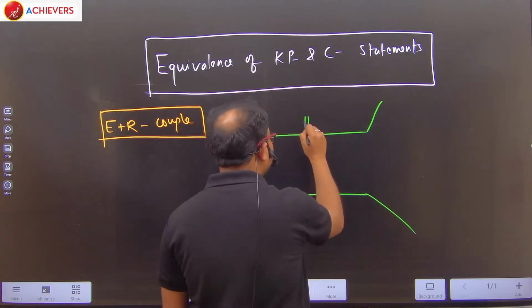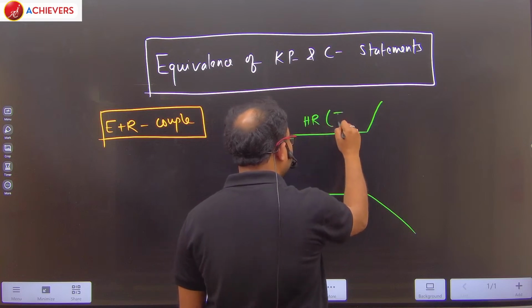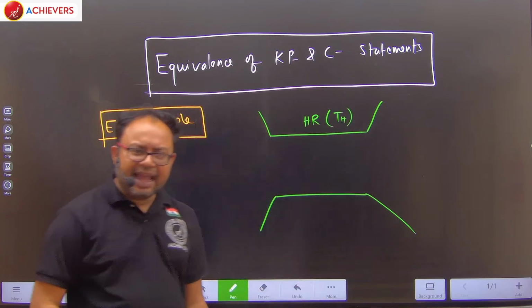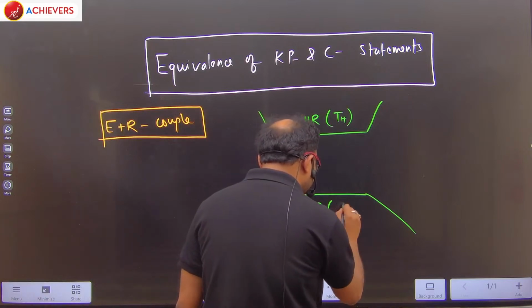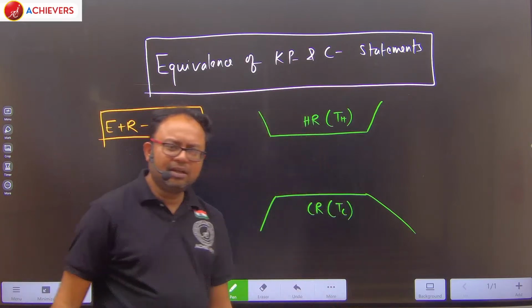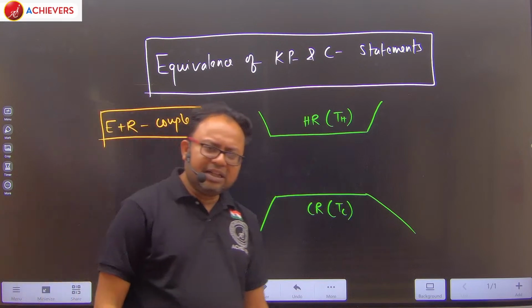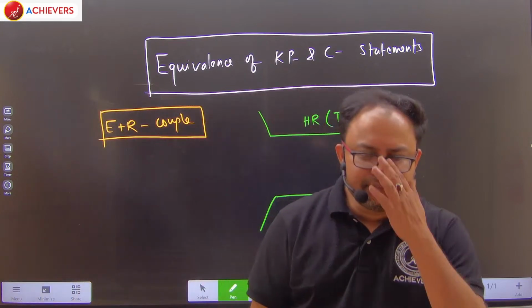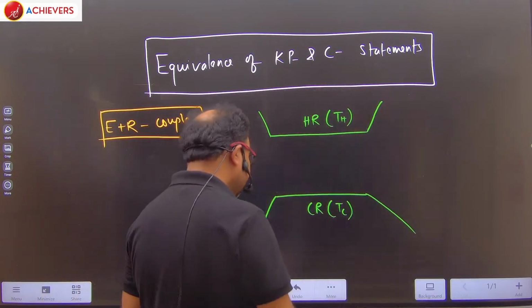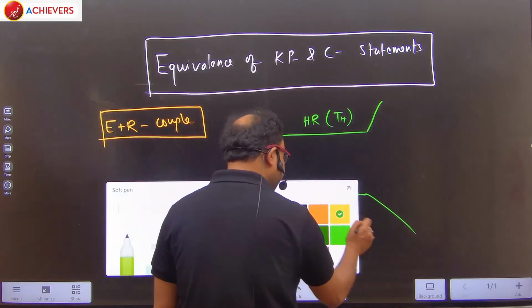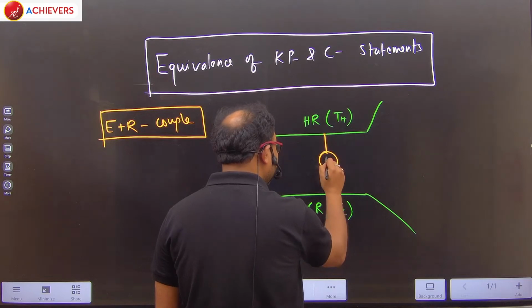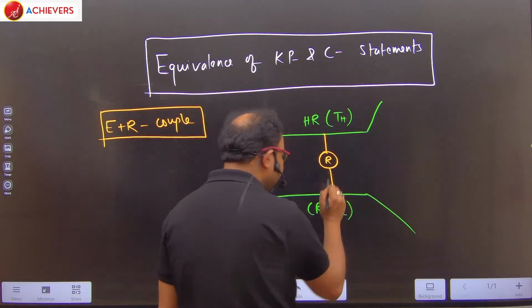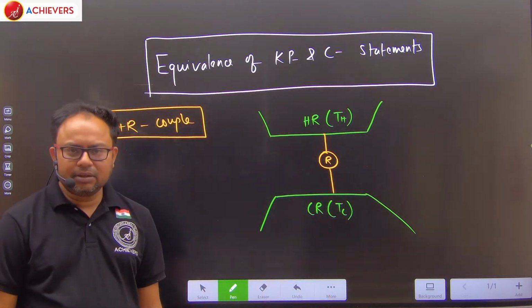So you have got a hot reservoir defined at a temperature TH and a cold reservoir defined at a temperature TC. This much is known to all of us. And at first, let us draw a refrigerator like this.